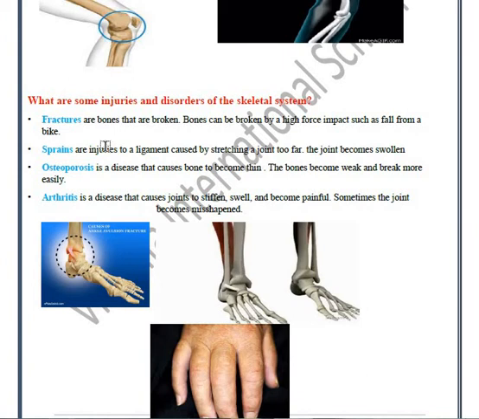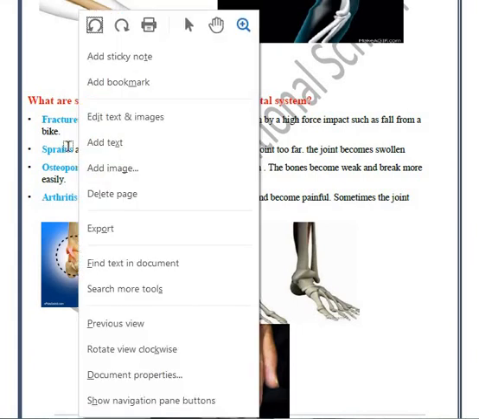Okay? We also have another disorder called sprain, and the sprain is an injury that happens to the ligament, and it's caused by stretching the joint too far. Okay? We know that the ligament is the strand that connects the bones together. When we stretch the ligament too much, this injury is called sprain.